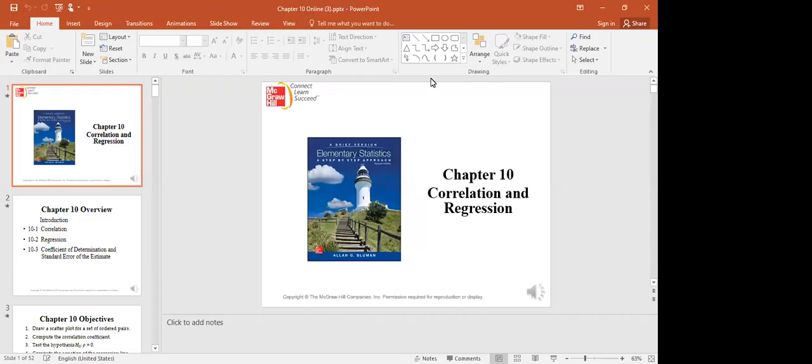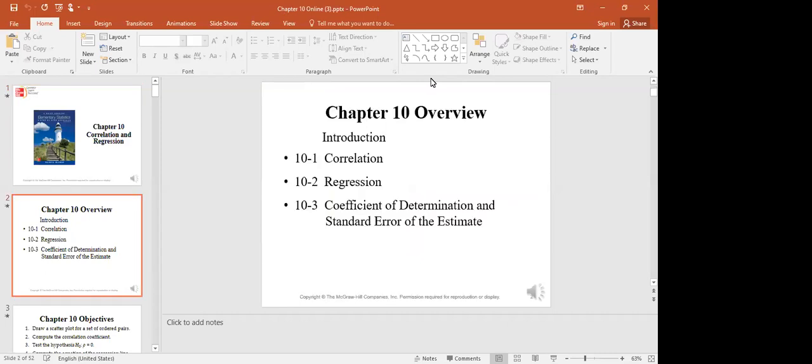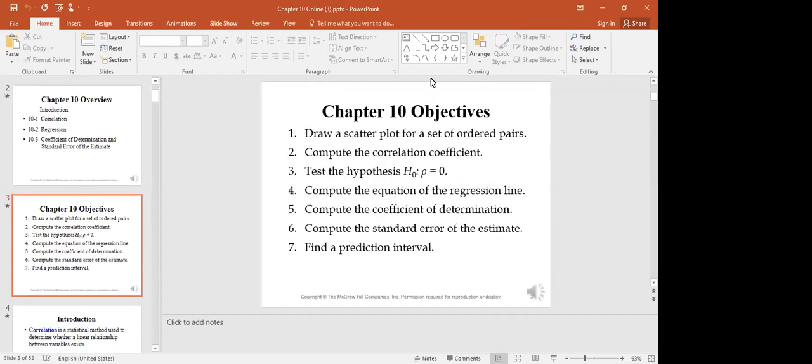Today we are completing the course with the last chapter on correlation and regression. So we are going to learn about correlation, regression. We will discuss the coefficient of determination and standard error of estimate.